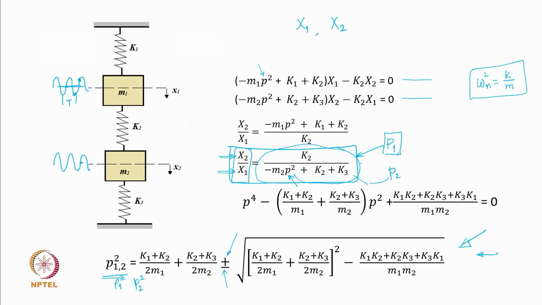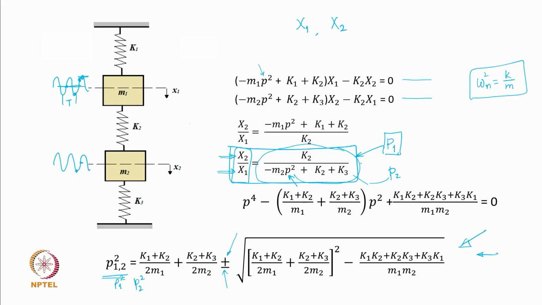When I say they will reach their peak value, it does not mean that they will reach their peak positive value. This may reach the peak value negative and this may reach the peak value positive, but they will reach the peak value simultaneously at the same time. That is the basic thing, relating the physical motion with the mathematical expression here.